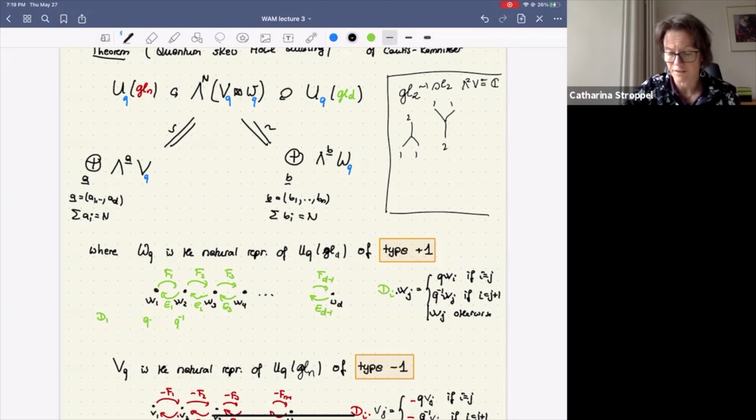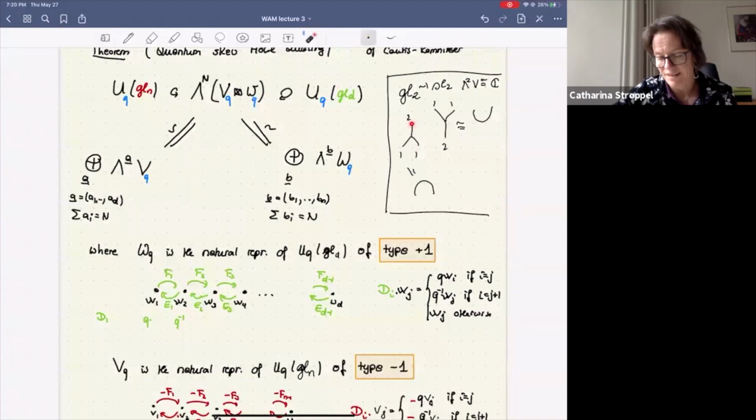And so that means we think of the two as being nonexistent. It's like the trivial representation. So I want to view this as just a cup. And the same thing here, I just view this as a cap. And so that means these webs are the GL2 version of SL2. And in this SL2, I have the cups and the caps, and they are exactly the Temperley-Lieb thing.